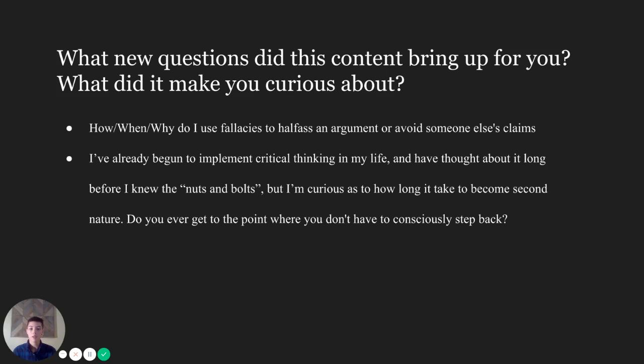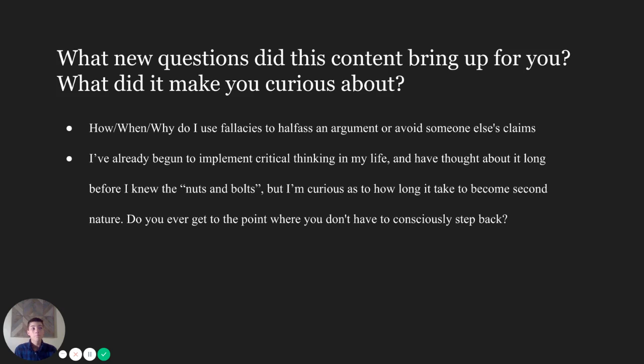I've already begun to implement critical thinking in my life and have thought about it long before I knew the nuts and bolts, but I'm curious as to how long it would take to become second nature. Do you ever get to the point where you don't have to consciously step back and use critical reasoning?